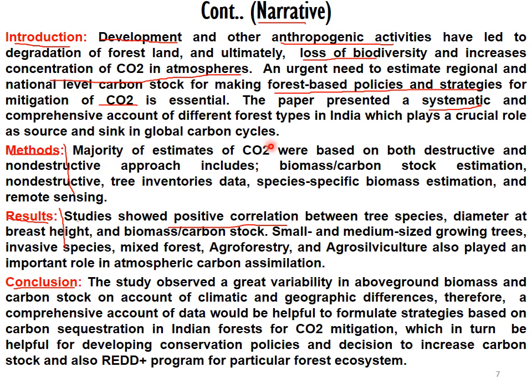So these are some of the methods that were used to study this particular area. And these are the results. If you see, these results are in the form of a narrative, and there are no numerical values here. Instead, there is an explanation telling that the result showed a positive correlation between tree species, diameter at breast height, and biomass carbon stocking in that particular area.